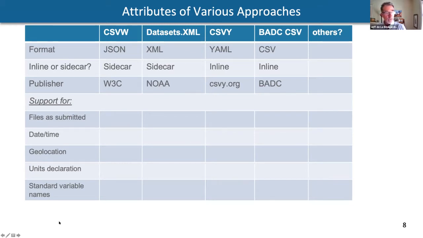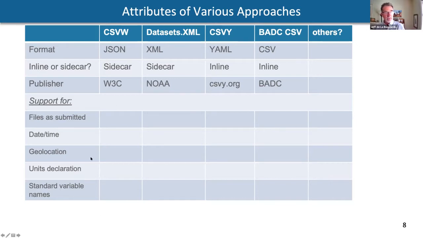And then, what kind of functionality do they support? Can we use them with the files as submitted? For example, with the sidecar ones, you'd think, okay, somebody can give me a file for archiving, and then I can write a separate sidecar file that describes it, and I'm not touching what the data center gave me. Others, if I have to insert text at the beginning, then of course I'm changing the data that was given to me.